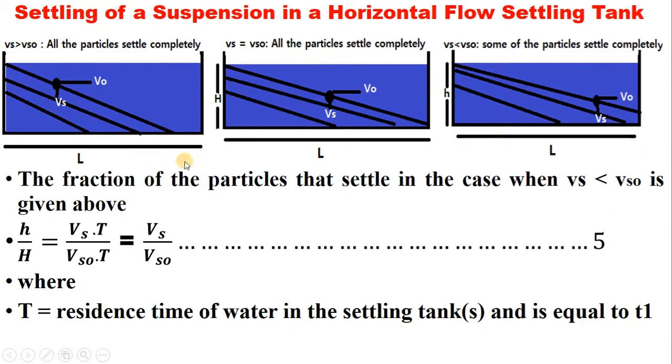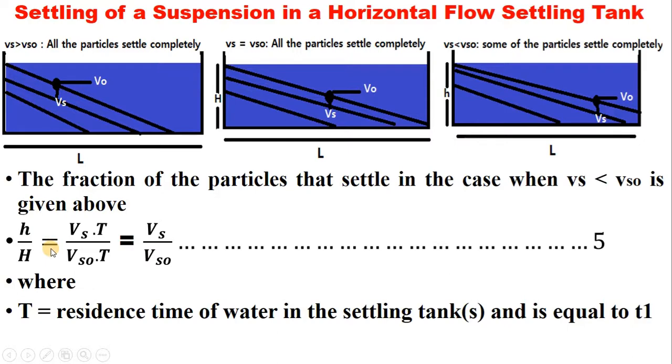So in this case, we look at the height when the settling velocity is less than the surface loading velocity, all over the height when the settling velocity is equal to the surface loading velocity.